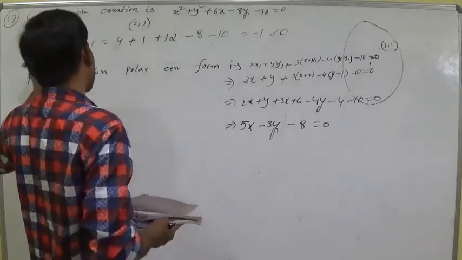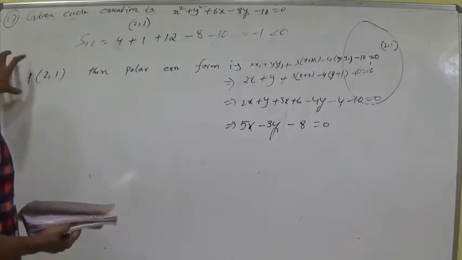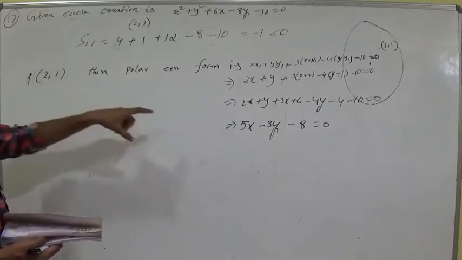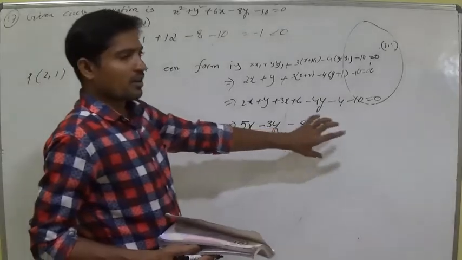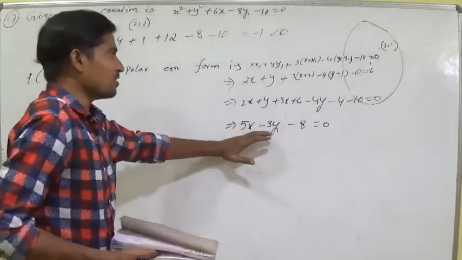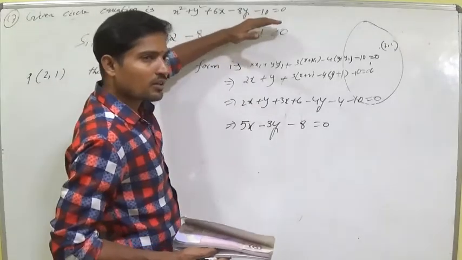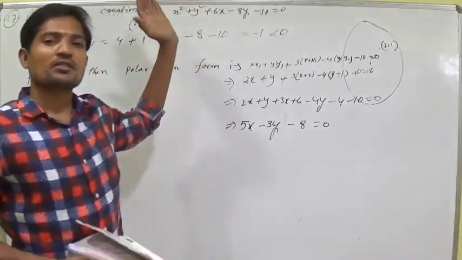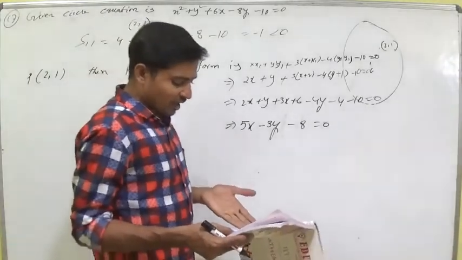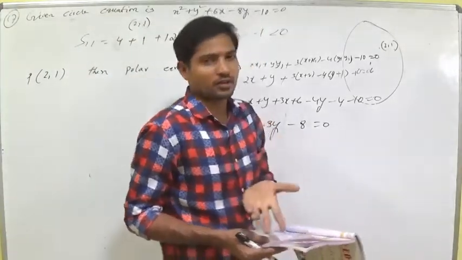So if I take a point here, the pole is P(2, 1), then the polar is 5x minus 3y minus 8 equal to 0. Then the polar is this and the circle is this, then the pole is 2, 1. So the pole of the line is 2, 1.